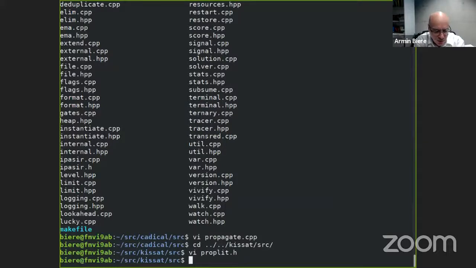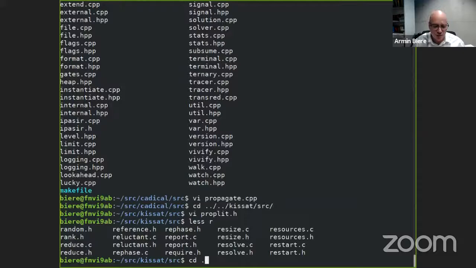You can use the standard sorting algorithms from the STL, but it turns out that for very few benchmarks, for 10%, suddenly this sorting becomes almost the biggest hotspot after propagation. Because of that, I had to implement my own radix sort. How is it called? I forgot. Oh yeah, in KeySat, sorry about that.